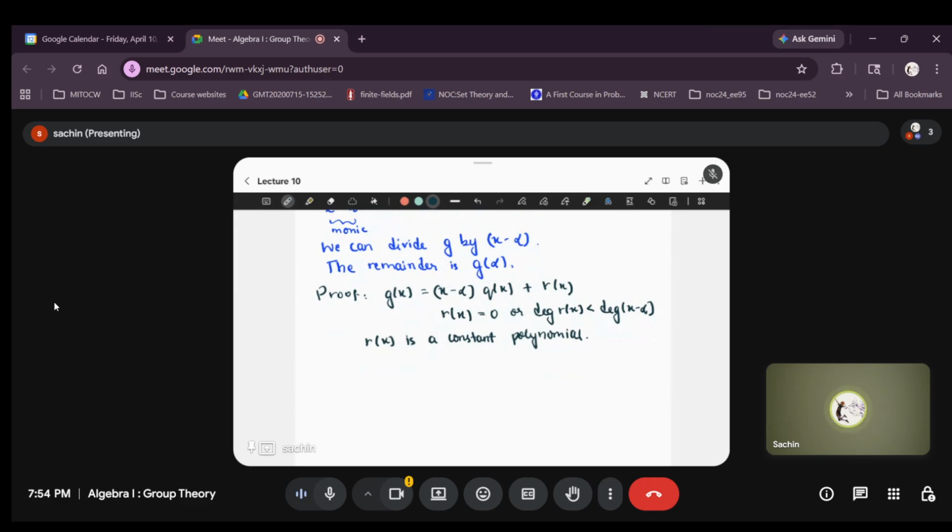When you divide by x minus alpha, you get this equation. Then, regardless of what value you give to x, one certain thing here is that you can actually put values in place of x, can substitute them.